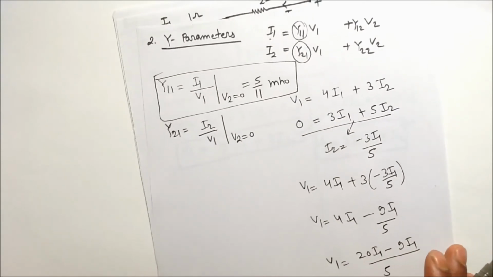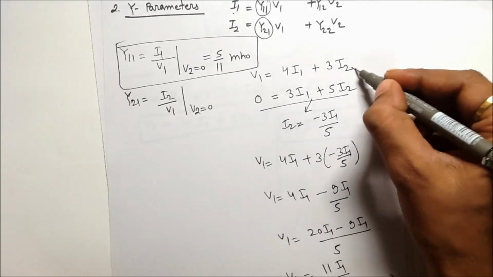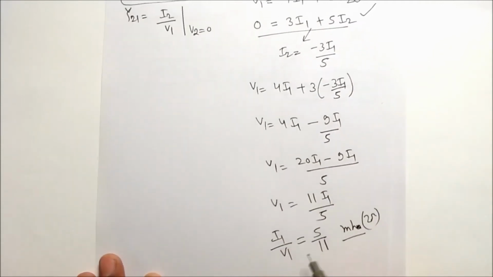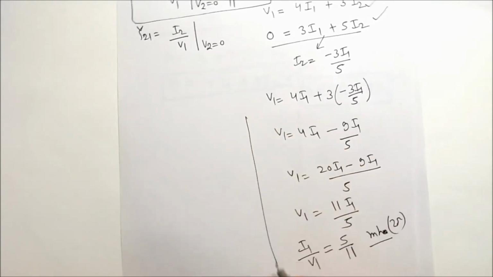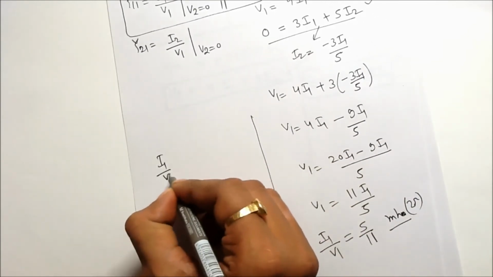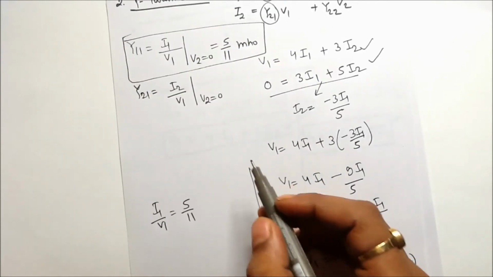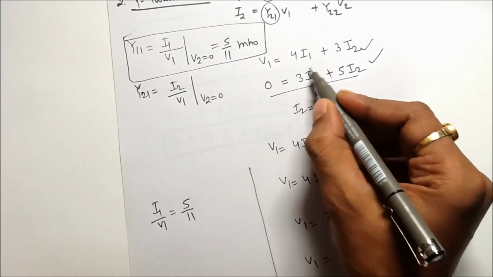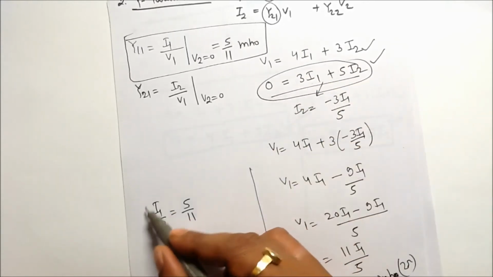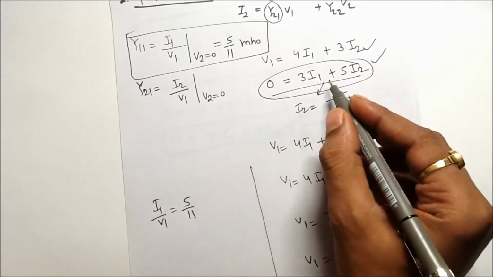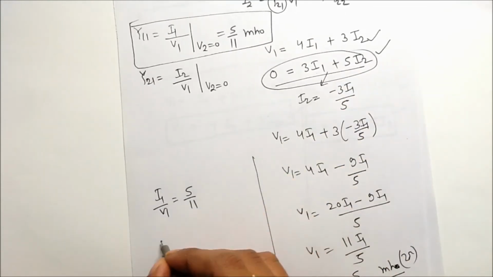Now we will calculate the value of I2 upon V1 by using these two equations. So you have already got the value of I1 upon V1. I1 upon V1 equals 5 upon 11. So find out the value of I1 by using this equation and put it here. So I1 equals minus 5I2 upon 3.